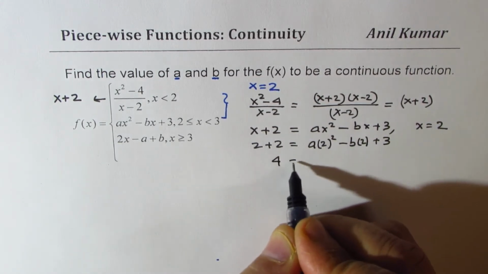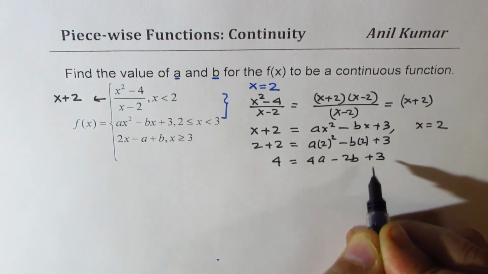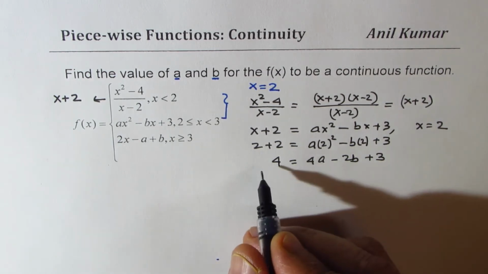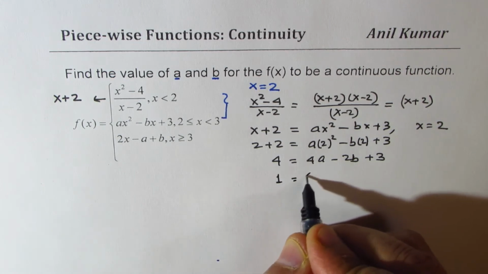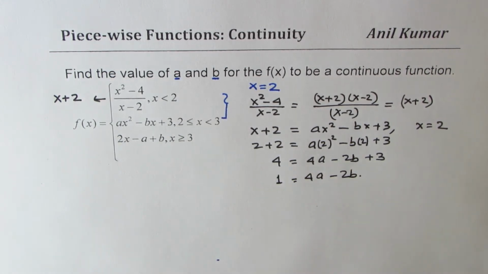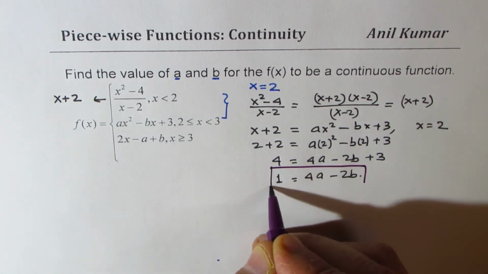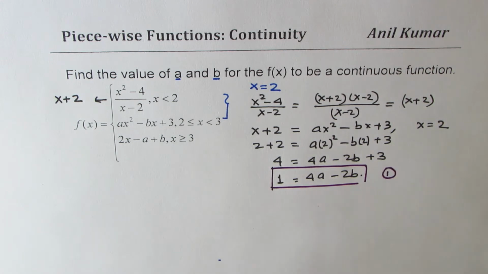So we get 4 equals 4a minus 2b plus 3. Taking 3 to this side, we get 1 equals 4a minus 2b, right? So that is our first equation. We'll call this equation 1.